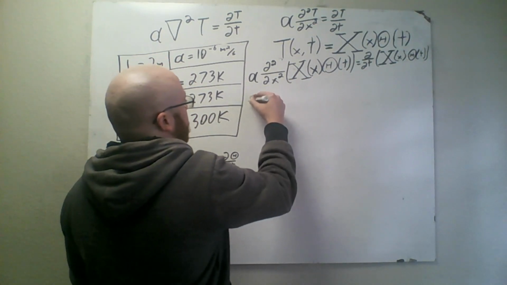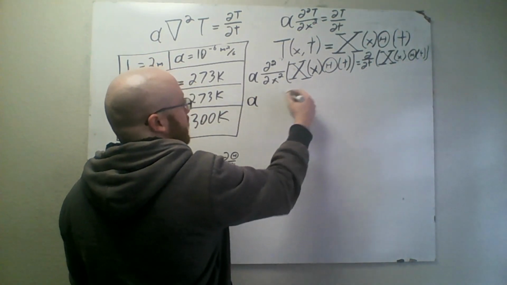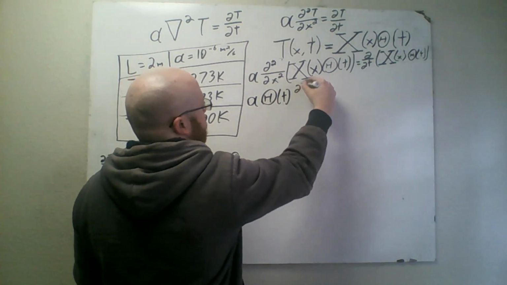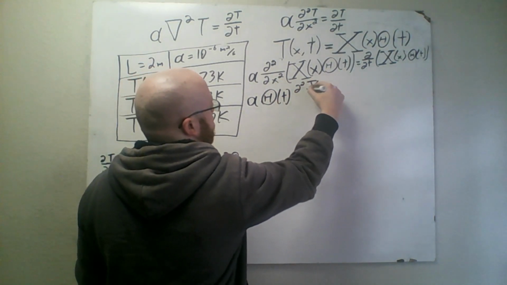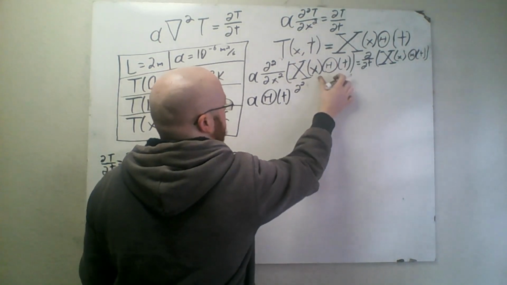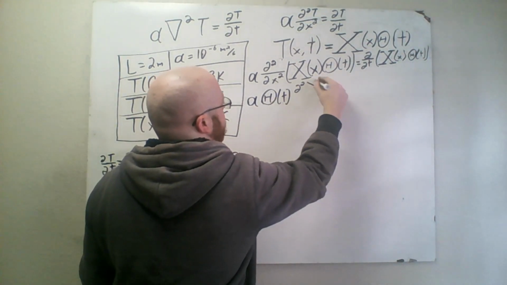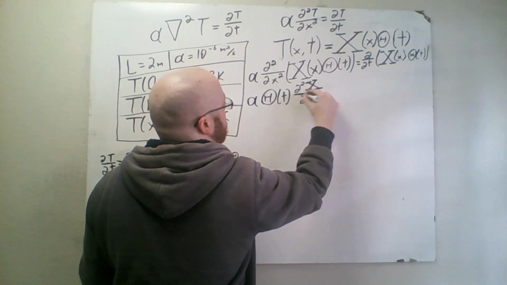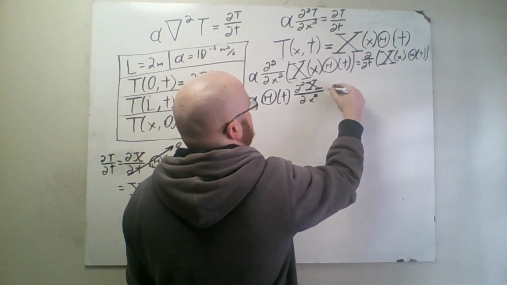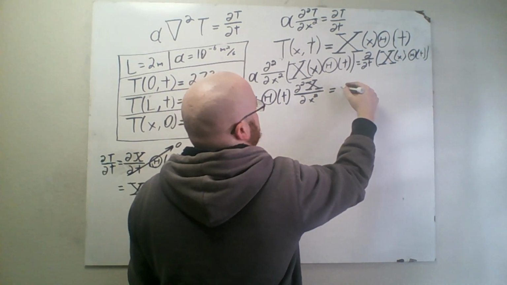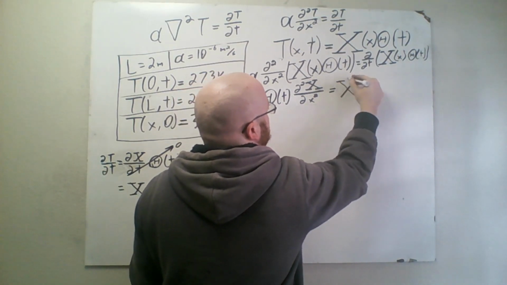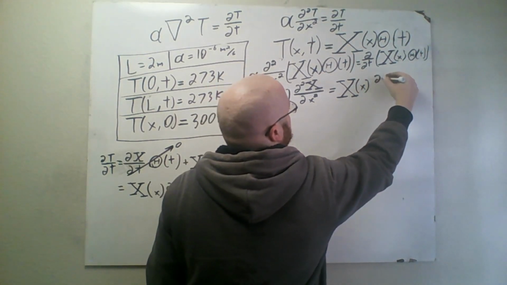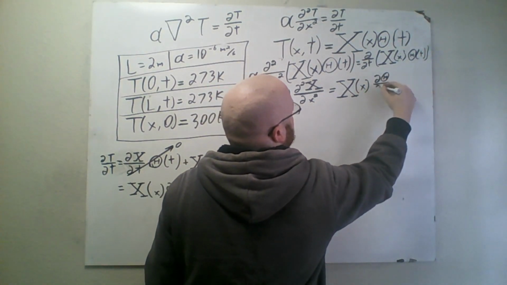So we're left with alpha theta T times d squared X equals X times d theta T.